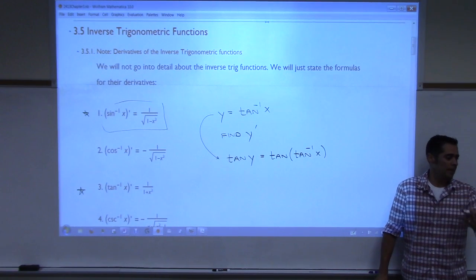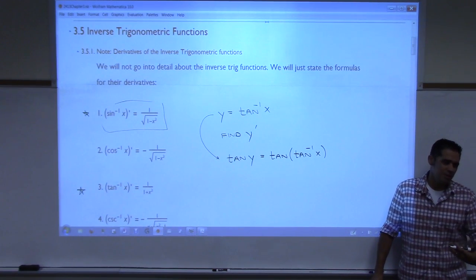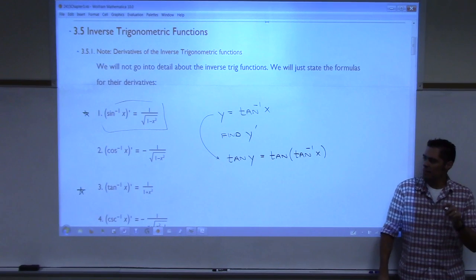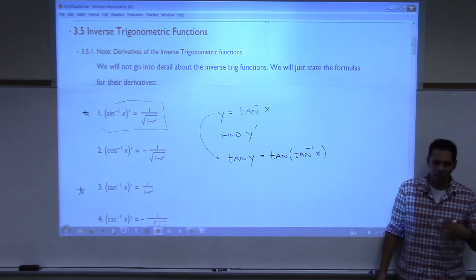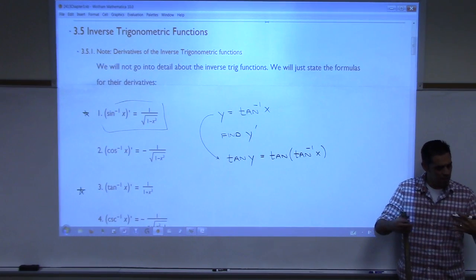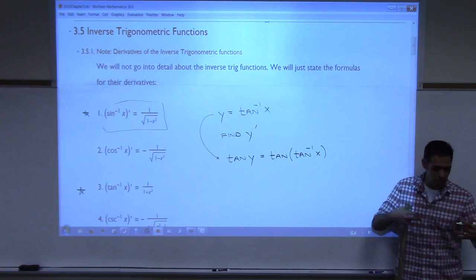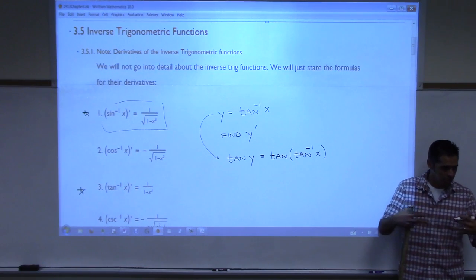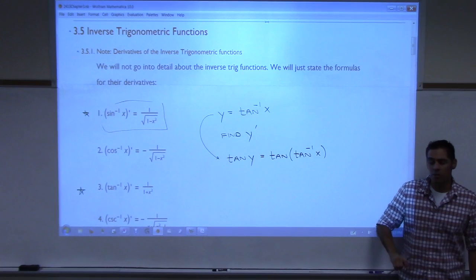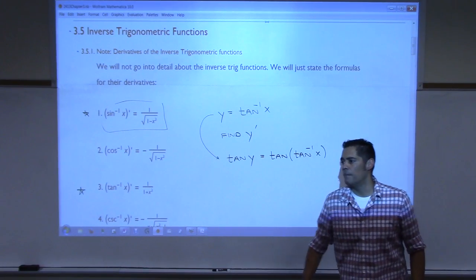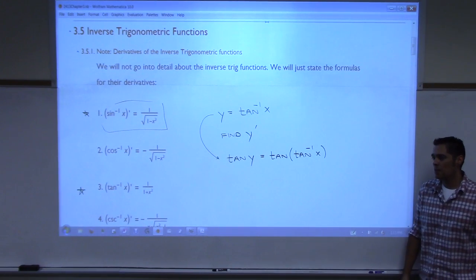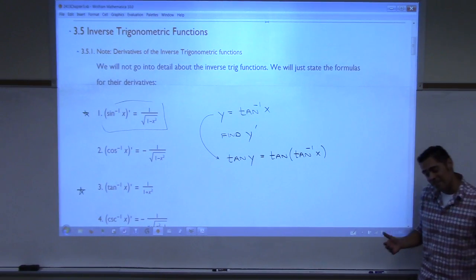We are taking tangent of both sides. Tan by itself is not a number, so you can't multiply. Does that make sense? You're doing the function on both sides of the equation. You're not multiplying. You're composing both sides. And actually, it's not even that.